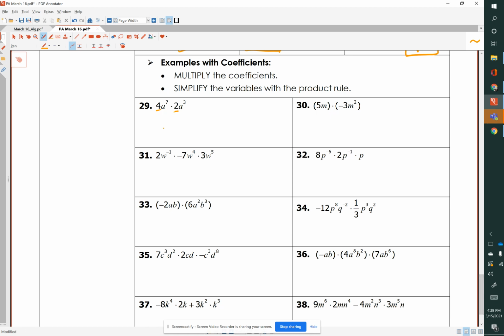So 4 times 2 is 8, and we have a, 7 plus 3 is 10. 5 times negative 3 is negative 15. m, 1 plus 2 is 3, negative 15m to the 3rd power.